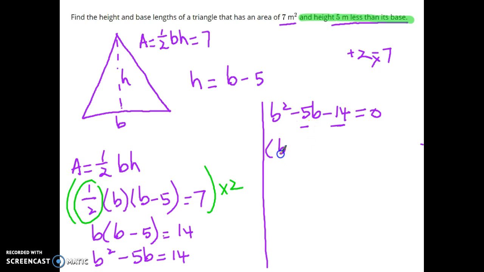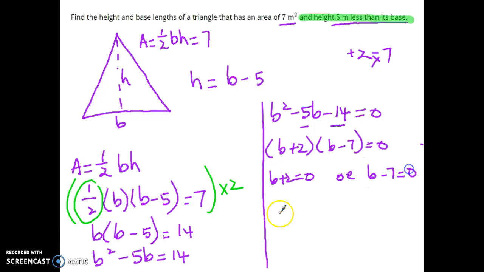So my brackets become b plus 2, b take 7 equals 0. My null factor law now is telling me that b plus 2 equals 0 or b take 7 equals 0. So b is either minus 2 or b is plus 7.